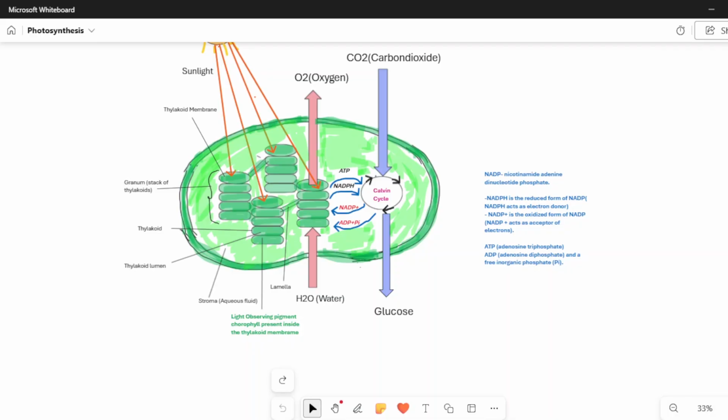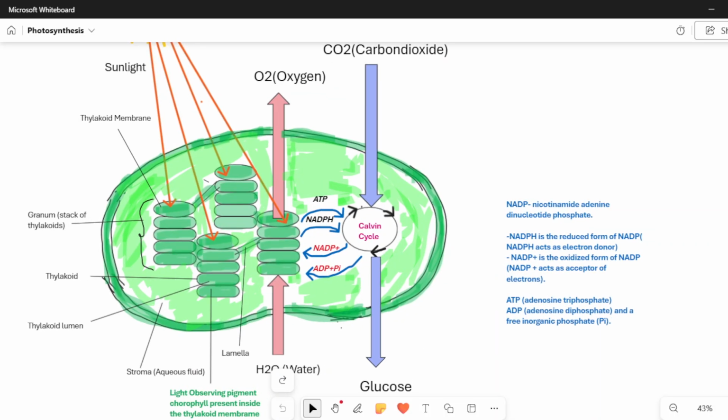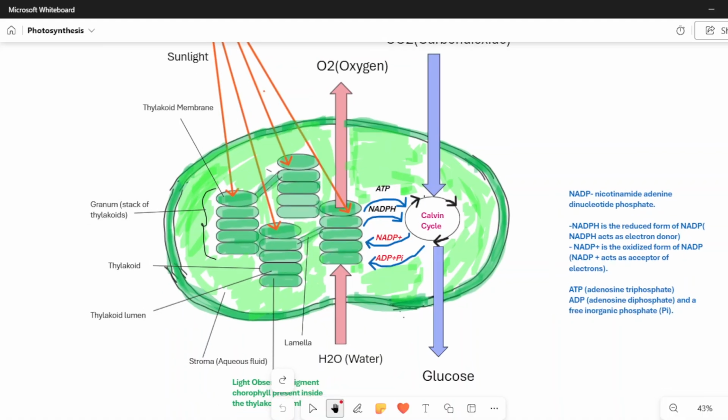Let me zoom further. Now if you see, this is the diagram. This is the chloroplast. Now I'm zooming into the chloroplast. So first we will try to see what are the different parts of the chloroplast, and then when it's done we will see how the photosynthesis actually happens.